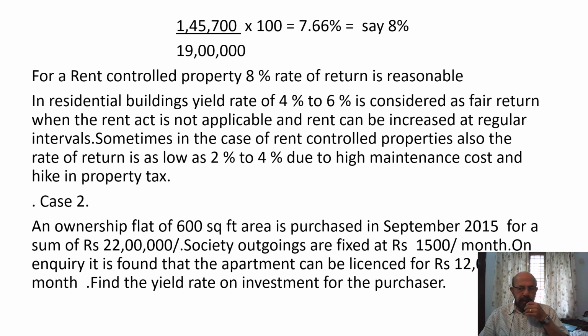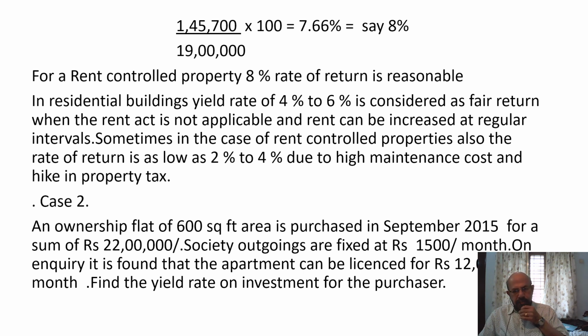So the rate of return is equal to 1,45,700 divided by 19 lakhs into 100, is equal to 7.6%, say 8%. For a rent controlled property, 8% rate of return is reasonable.